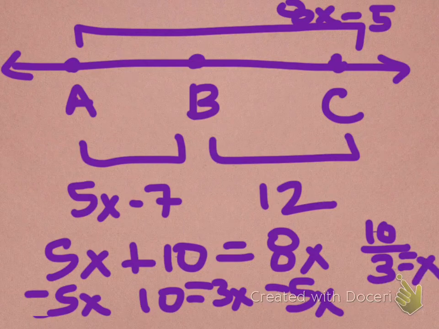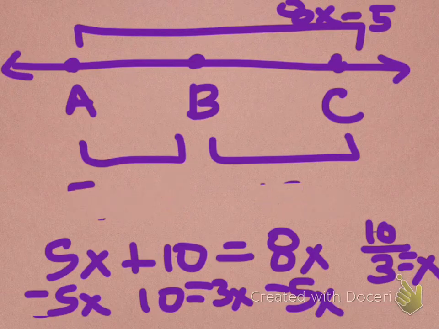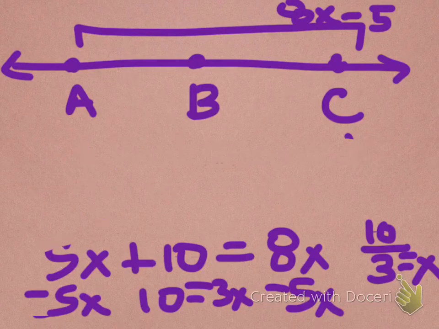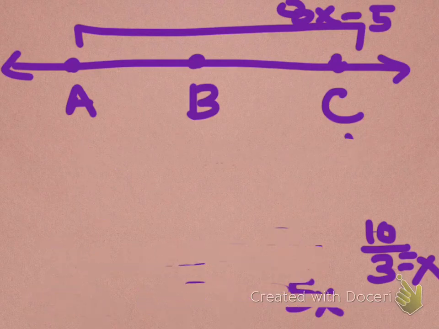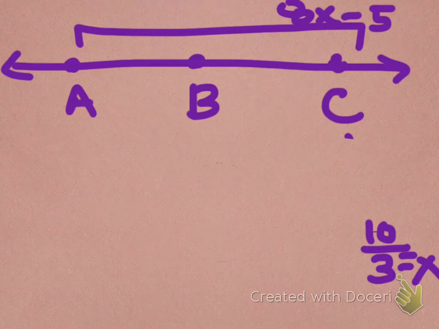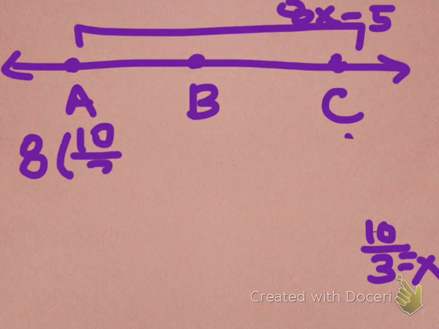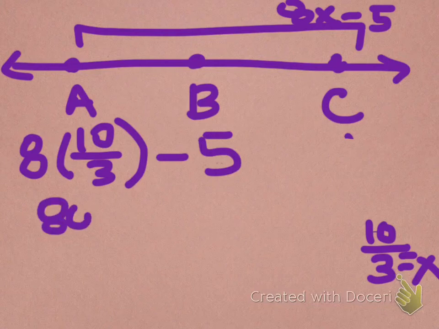Now, it also asked you to find AC, so we're going to have to plug in 10 over 3 into 8x minus 5, which is what represented AC. So give myself some room here. x was 10 over 3, so let's plug that into 8x minus 5. So we have 8 times 10 over 3 minus 5, which becomes 80 over 3 minus 5.